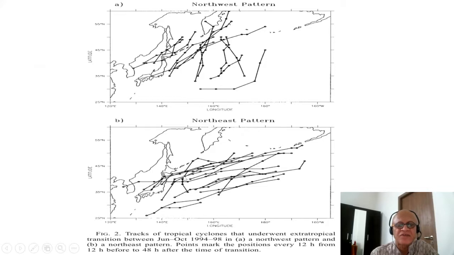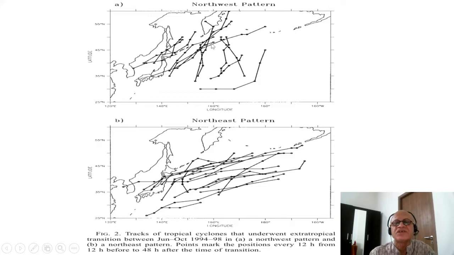To take that a little bit further, here we are looking at tracks of tropical cyclones that underwent extratropical transition between June to October 1994 to 1998 in a northwest pattern. This is the northwest pattern extratropical transitions, and these are northeast pattern extratropical transitions. The points mark the positions of every 12 hours from 12 hours before to 48 hours after the time of transition.